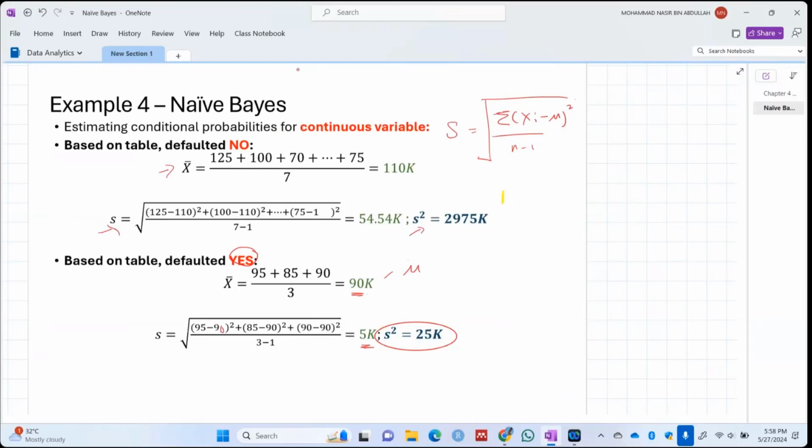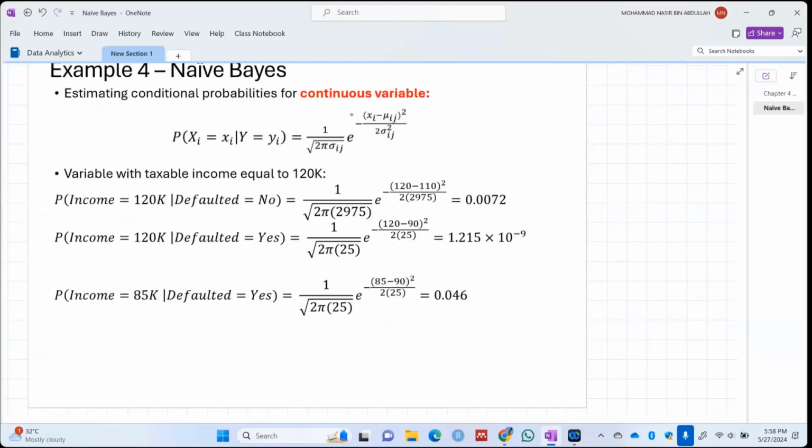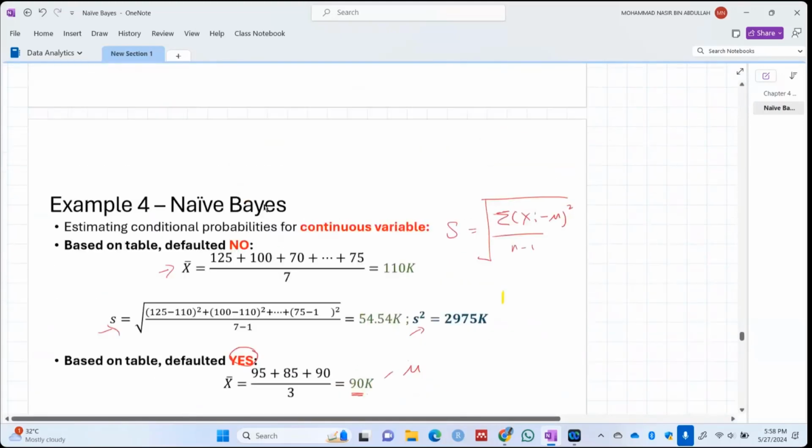Okay. Then we input the value into the formula. If the annual income is 120, this is our X, and default equal to no, we input into the formula: 2 pi multiplied with sigma square.